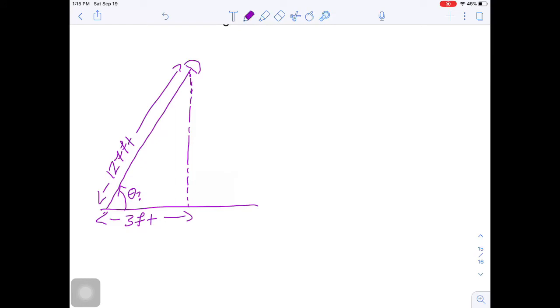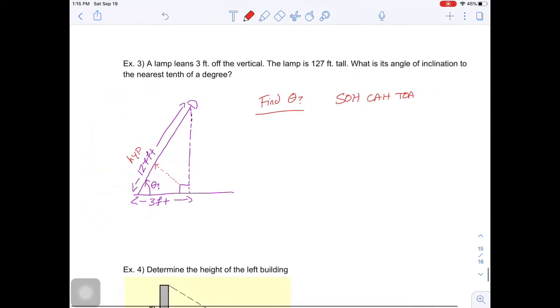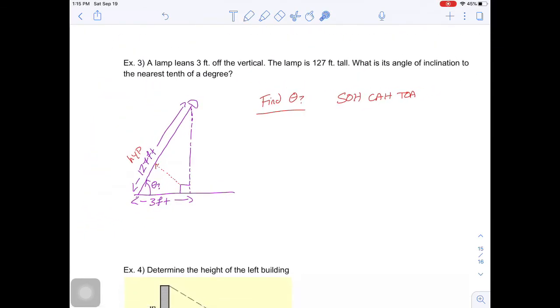We're given a few things. Recognize this is a 90 degree, and the first thing you can note is opposite to this 90 degrees is your hypotenuse. So find angle question mark. Well, remember you have SOH CAH TOA. What relationship do these side lengths have to this angle?